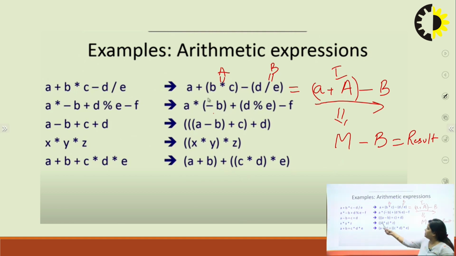Same thing goes here, as there are so many parentheses. Which parenthesis will be solved first? First this, then this result will be solved with this, and then the whole result will be solved with this. All right, here also the same, this and then this. You all understood that?